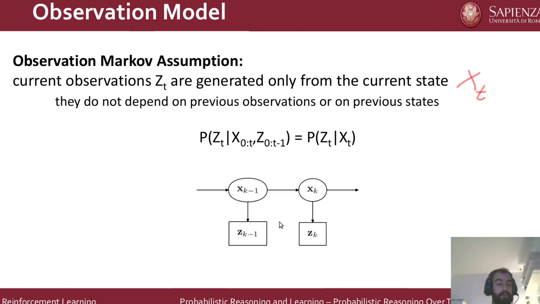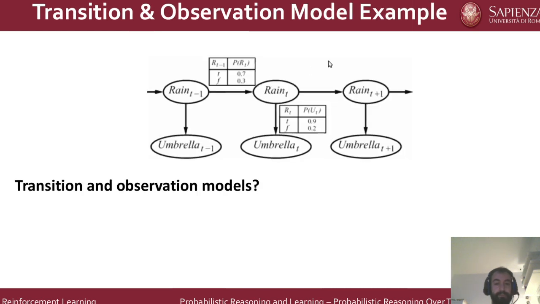Okay. Let's move on. So let's look now at one example, which is basically the one that I was giving you before. And you can see that here we basically have a Bayes network that we are unrolling over time.